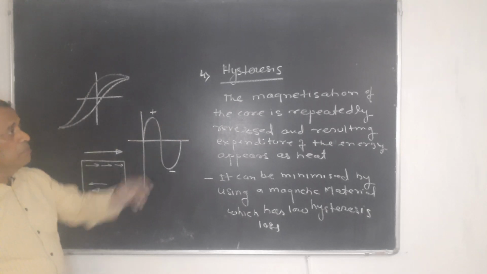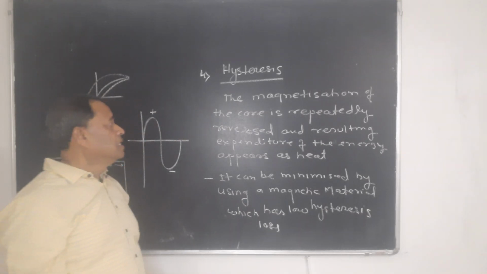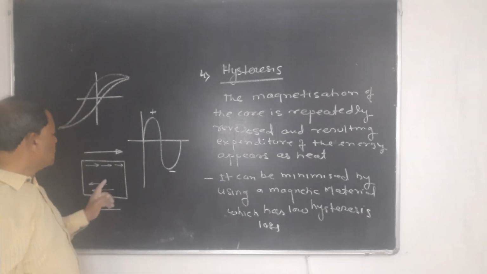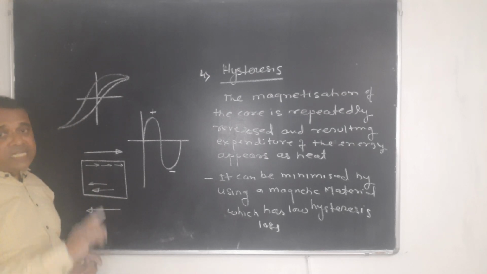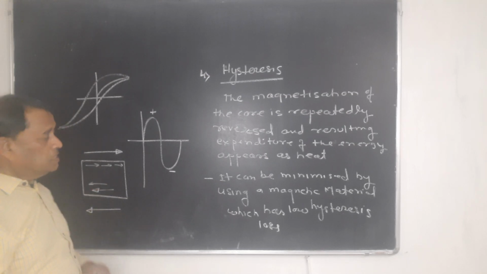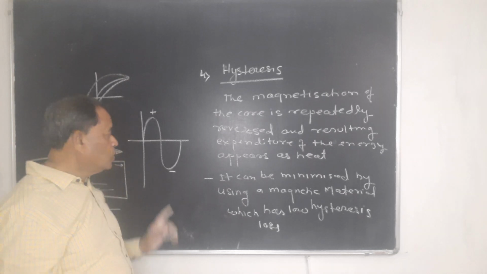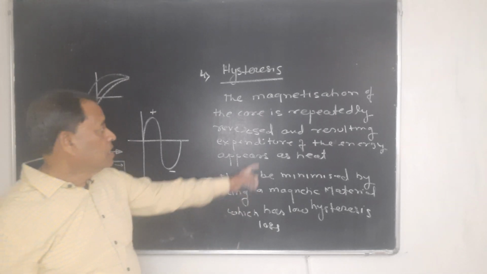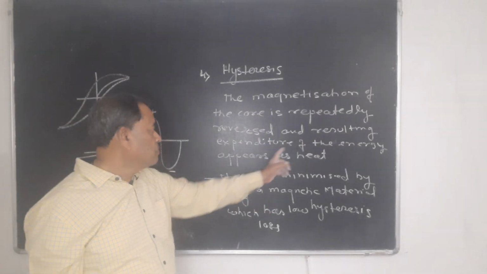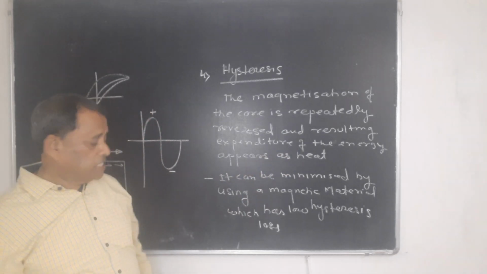So the magnetization of the core is repeatedly reversed, and in this process there is friction between the magnetic dipoles or domains, and due to this friction, the resulting expenditure of energy appears as heat.